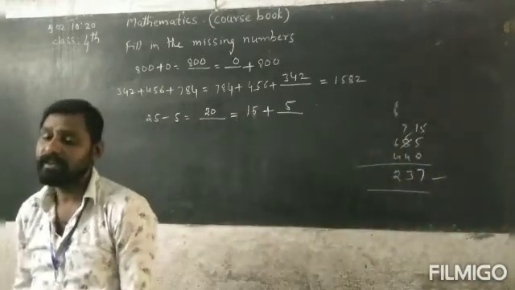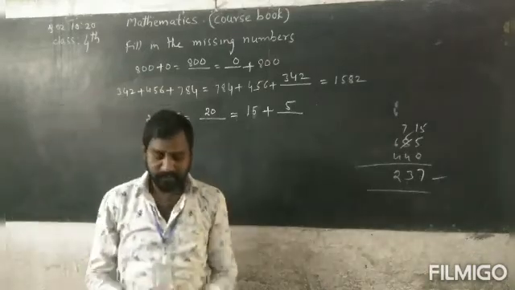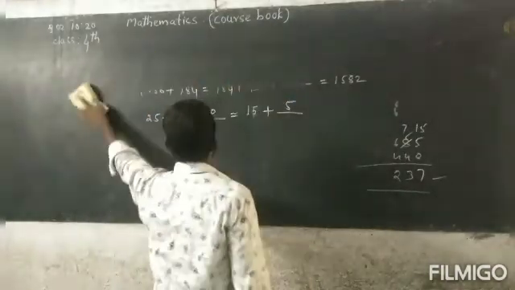But this problem you can do by using a number line. How is it possible? Using a number line and also using the expanded form. So what I am saying, listen carefully.